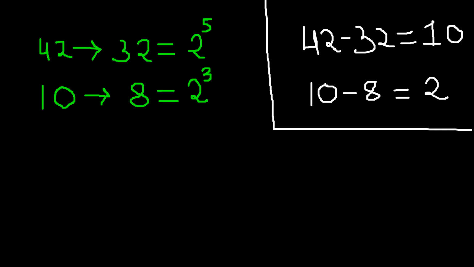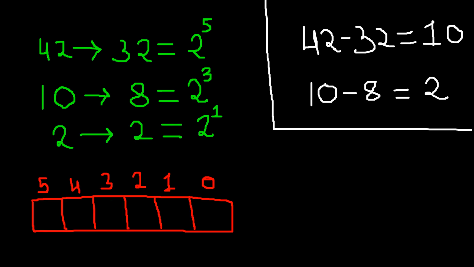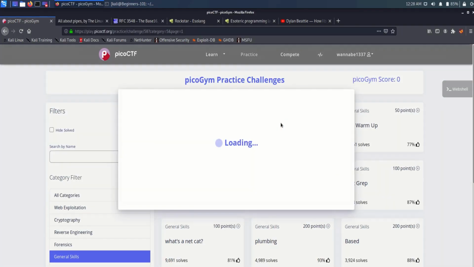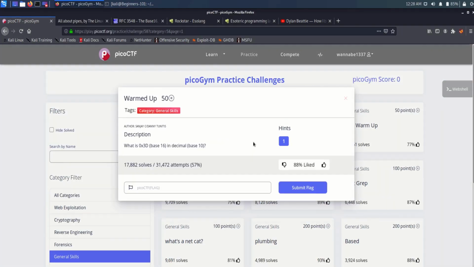It leaves us with 2, which is 2 to the power 1. So 42 in base 10 can be written using 2 to the power 1, 3, and 5. Therefore, 42 in binary is written as 101010.